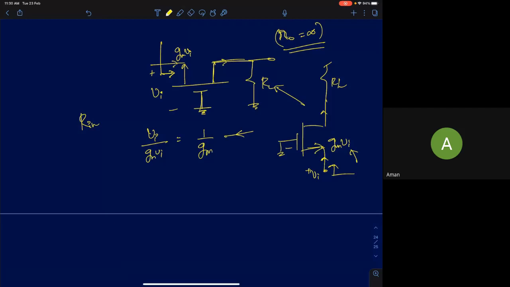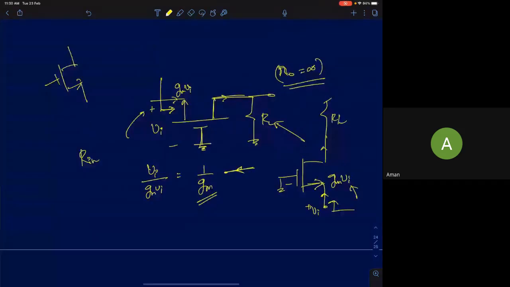If you recall, the output resistance of common drain is the same as the input resistance of common gate, right? Because we are looking into the source in both cases. What was the output resistance of common drain? A common drain configuration is where you apply the input at the gate and the output is taken at the source. When you are measuring output resistance, the input is grounded and you are looking into the source.